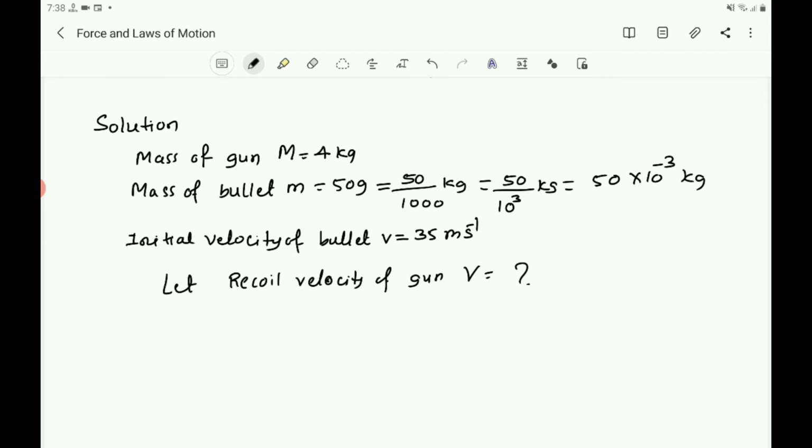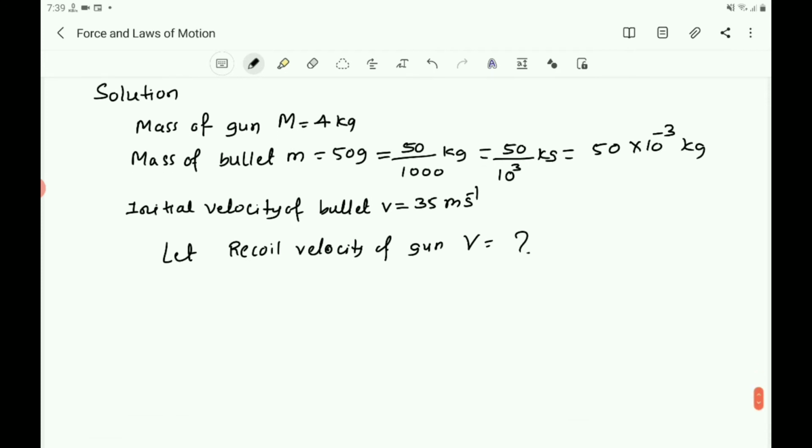The total momentum of gun and bullet is 0.